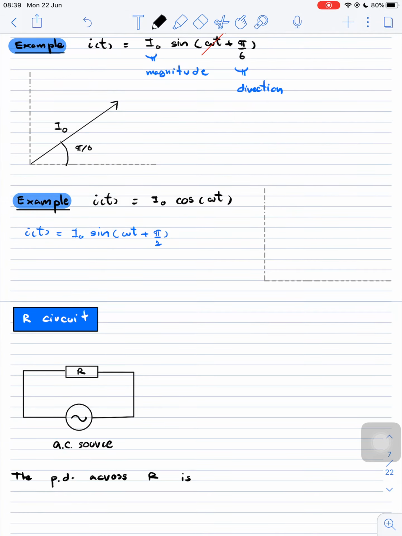We just make the omega t equal to 0. Okay, the I naught is going to be the magnitude of the vector, and then the pi over 2 is going to be the direction of the vector in the counterclockwise direction.